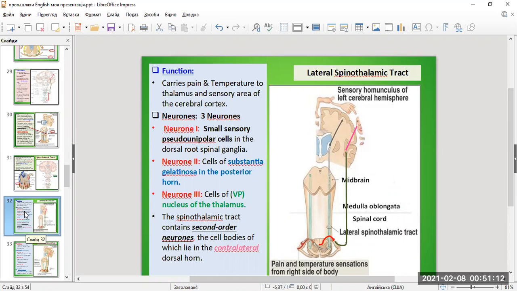Neuron number 2 are cells of substantia gelatinosa in the posterior horn. Neuron number 3 are cells of a nucleus of the thalamus. The spinothalamic tract contains second-order neurons, the cell bodies of which lie in the contralateral dorsal horn.